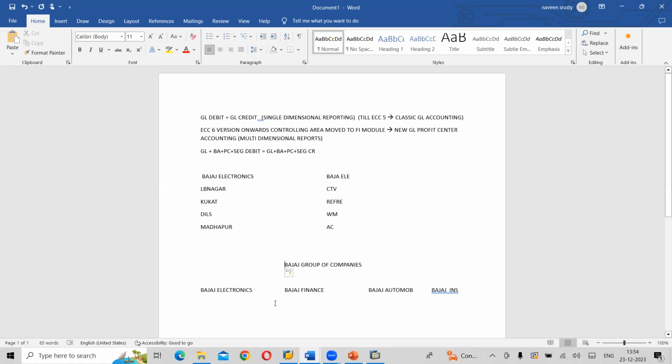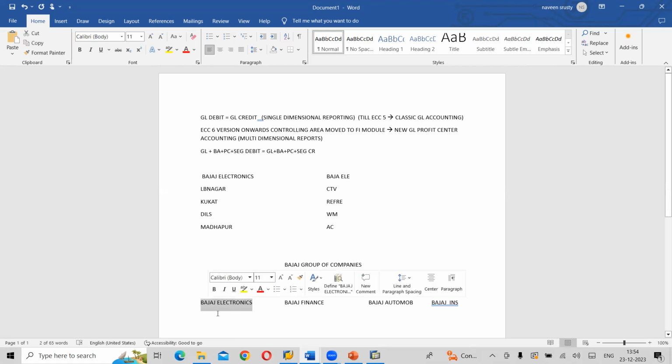So where will all the sales and purchases take place? All the books of accounts for Bajaj Electronics will be maintained under Bajaj Electronics only. Bajaj Finance transactions will be recorded under Bajaj Finance only.